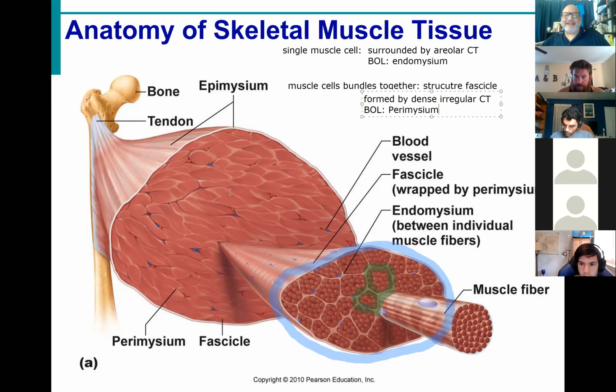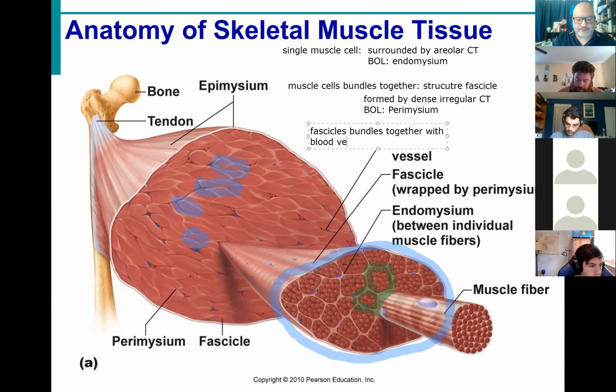And then when we look at the muscle itself, we see that it isn't just made up of one fascicle. It is made up of dozens, if not hundreds, of fascicles. And so all these fascicles are bundled together. And not only are they bundled together, but also they're bundled together with the blood vessels and nerves.